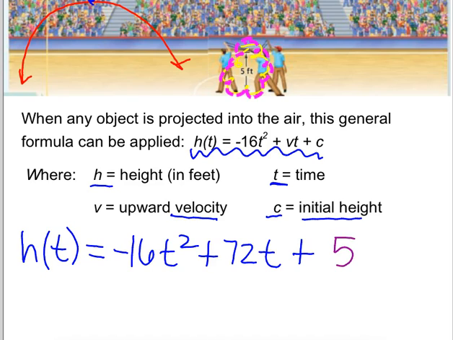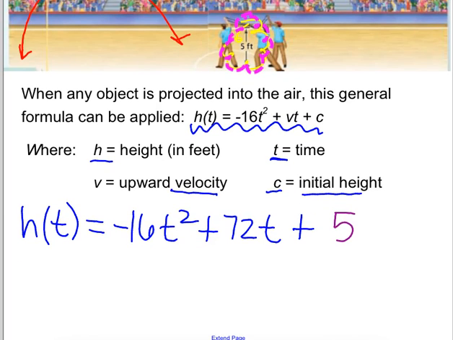So now we have to find our vertex with this formula. And that will give us our maximum height. So again, that's just good old negative b over 2a, negative b over 2a equals, so let's start.